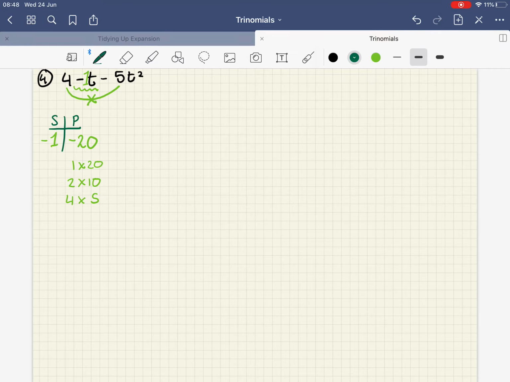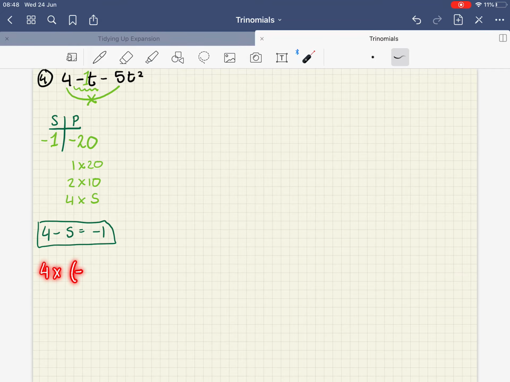Only one to make that negative 1 is going to be 4 take away 5. And again, I can double check my positive and negatives, because if I do 4 times negative 5, that will give me a negative 20, which is what I have as my product.